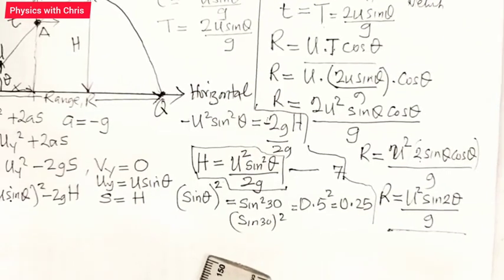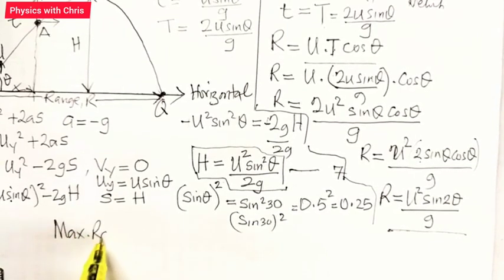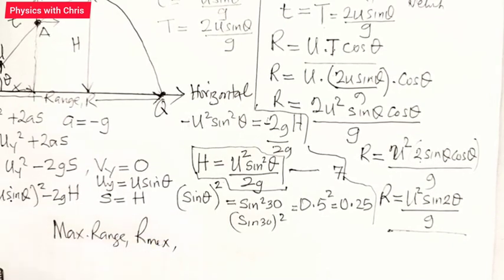Now, to round off, there's what we call the maximum range. The maximum range is attained when the projectile is projected at an angle of 45 degrees to the horizontal. That is when the particle attains its maximum range.